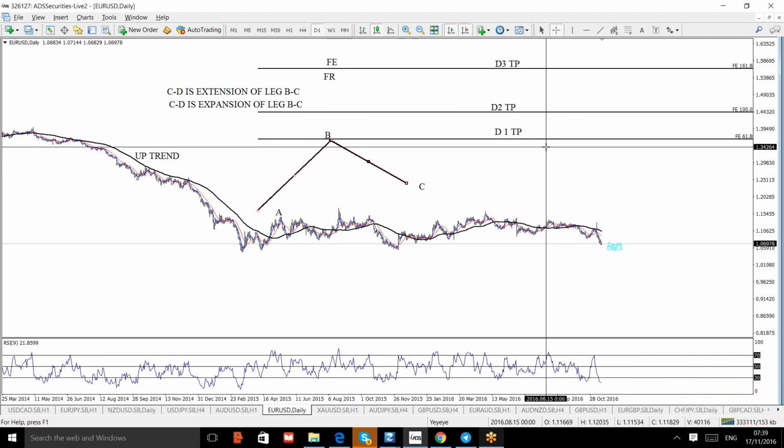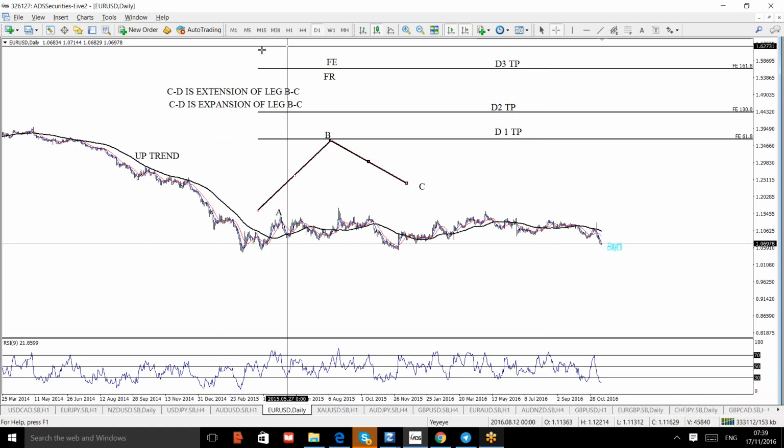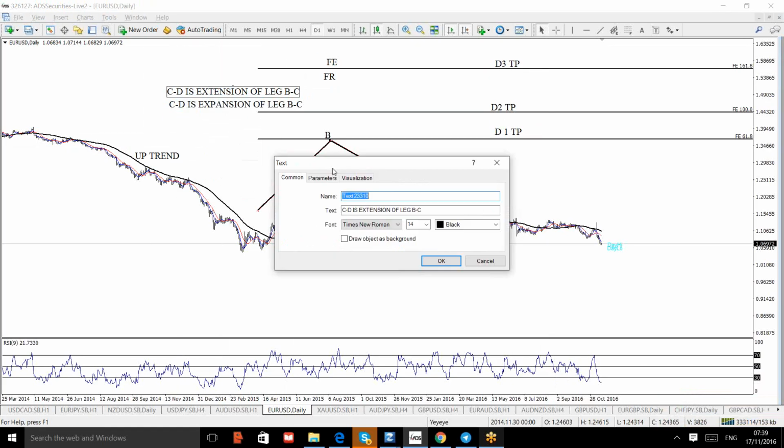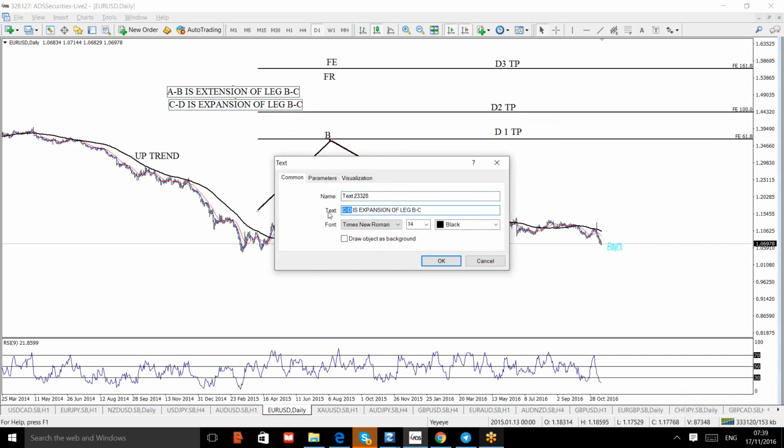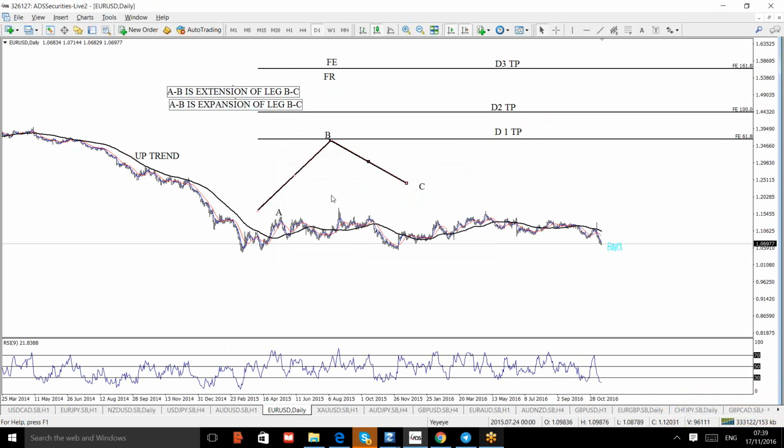Expansions and extensions. And guys, my apologies, please correct this. Expansion and extension of move AB, guys. Everybody understands? Please make a correction.